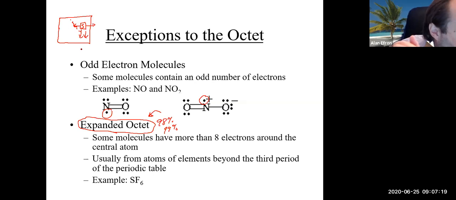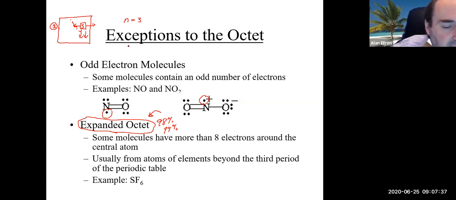If you look on the periodic table where sulfur is, you will see that sulfur is in row number 3, and that means the N value for sulfur and those elements near sulfur is N equals 3.